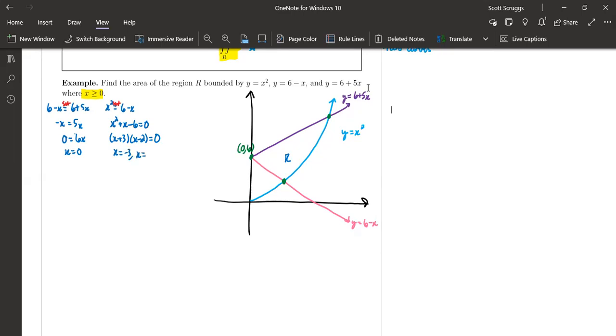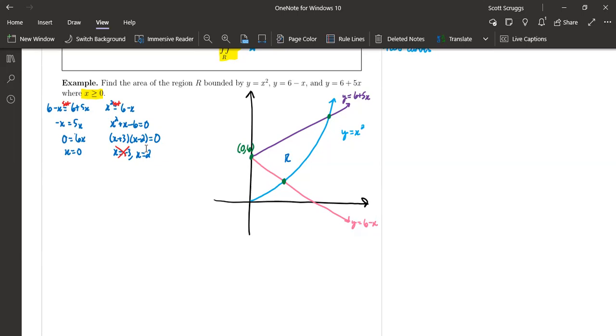However, I can quickly eliminate x equals -3, because I am told from the very beginning that x is non-negative. So because x is non-negative, x equaling -3 cannot happen, meaning x equals 2 is the only solution I'm going to get.